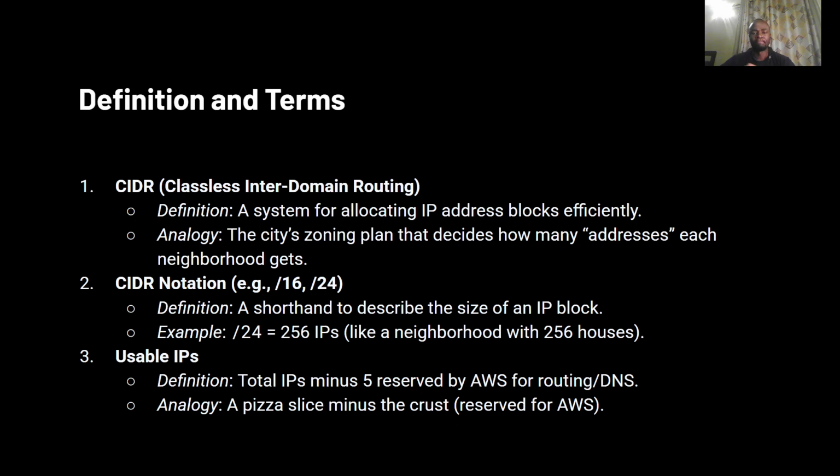So it's a system for allocating IP address blocks efficiently. What do we mean by this? Let's say, for example, your organization has 200 PCs, and you have taken a block of, say, a /16.